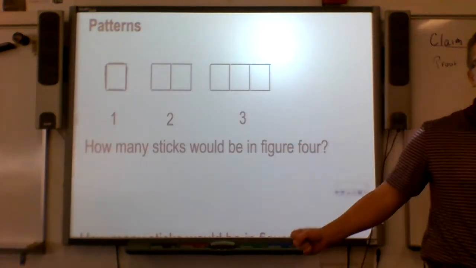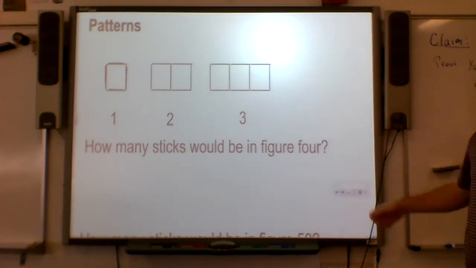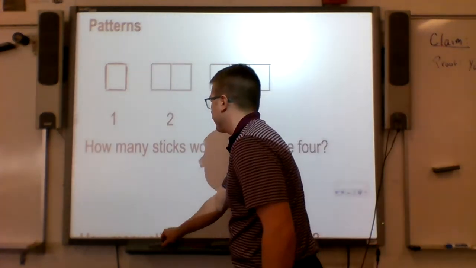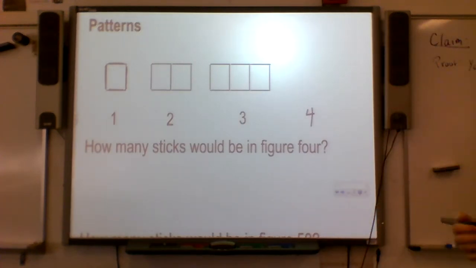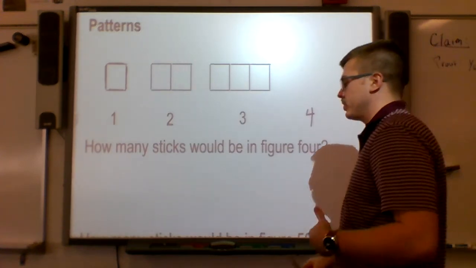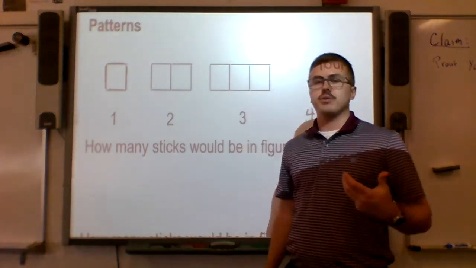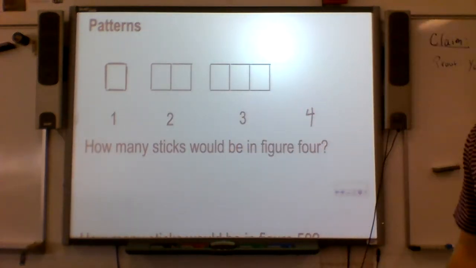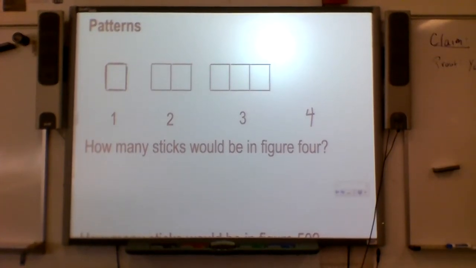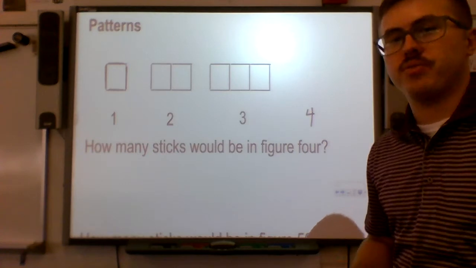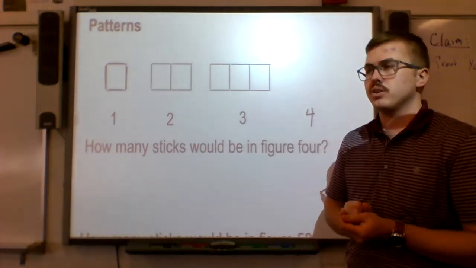So if this pattern kept going, if we looked at figure 4, how many sticks would there be total in figure number 4? So go ahead and take a minute, see if you can figure out how many sticks there would be in figure 4. All right, so there's a few different ways that you could have figured it out.